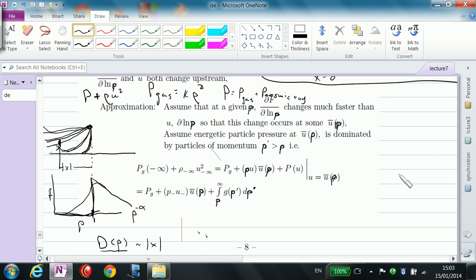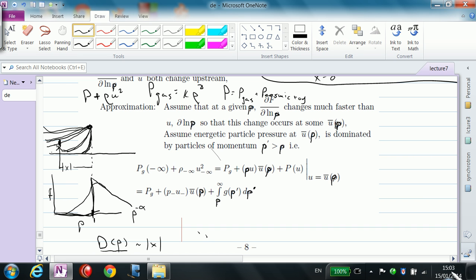But as it flows in, it gets slowed down. But which particles slow it down? It's the ones that get furthest upstream that slow it down first. And then as it gets closer to the shock, it feels particles of lower energy, which don't get as far upstream.